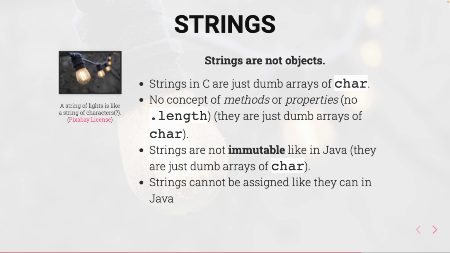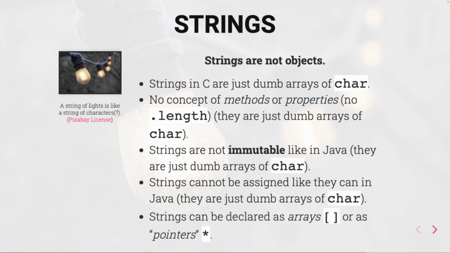You get a memory location of the array, and you're stuck with that because they are just dumb arrays of char. Strings can be declared as arrays or as pointers, which are actually the same thing, but actually not. We're going to look at pointers later in the course.